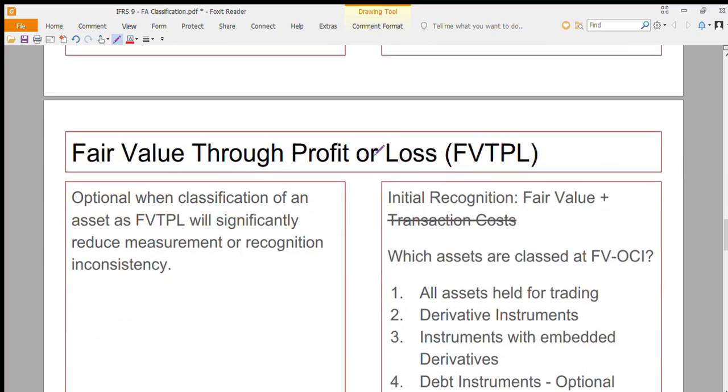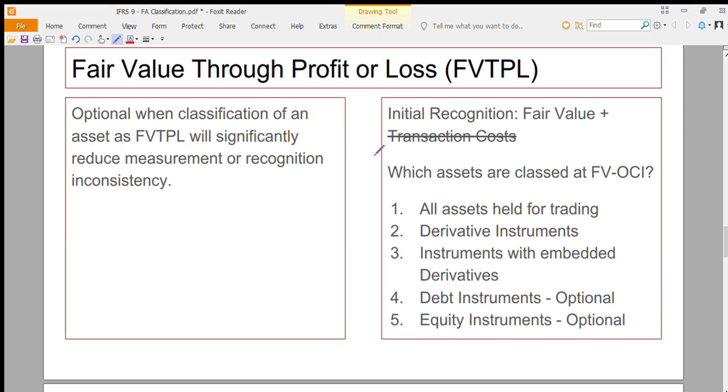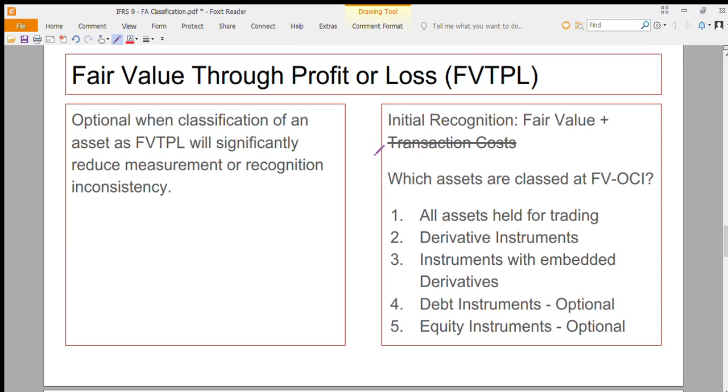Moving forward, the last category under IFRS 9, fair value through profit or loss. For specific types of financial assets, there is a mandatory classification for an asset to be classified under fair value through profit and loss. The example is one, a derivative, and then an instrument with an embedded derivative.